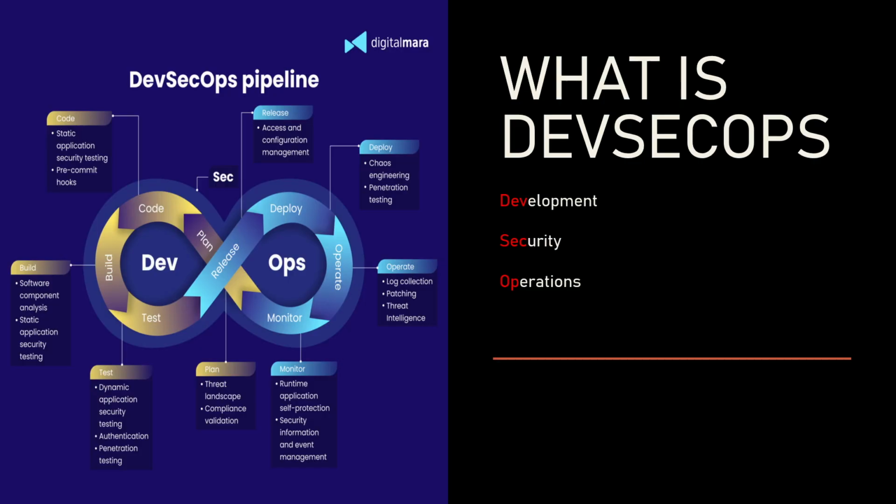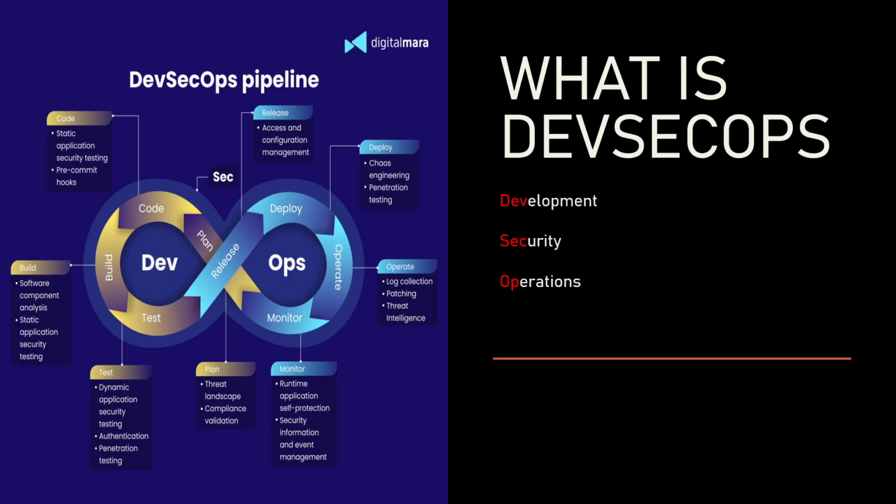This could be any application that you want to run for your company, any changes that you want to make to a current system, anything like that. The operations side is the actual release and deployment of the system. So this involves release, deploy, operations, and monitoring, meaning a system that watches the software as it's deployed to check for any vulnerabilities.